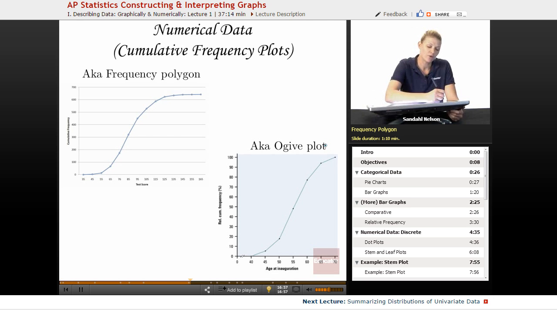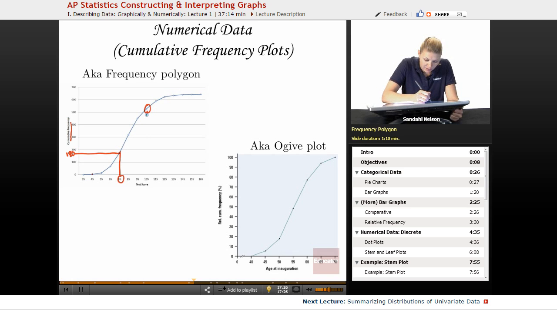So until now, we've always had count on the y-axis when we had a continuous numerical data. You can also have the cumulative frequency. So a cumulative frequency is when it's this point plus everything below it. So in this case, for a test score of 76, we see that there were maybe about 180 who scored 76 or below.